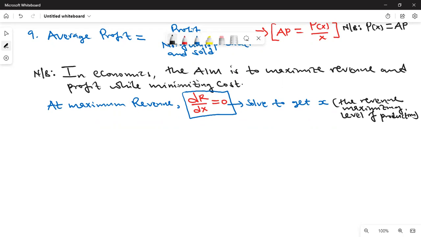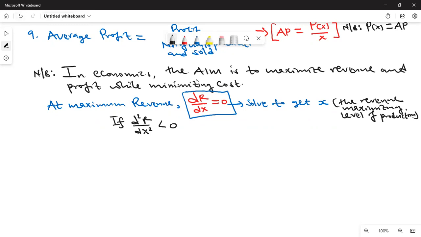So okay, if d squared R dx squared at that value of x that you have found, if the result is less than 0, then it means that that value of x is the revenue maximizing level of production.